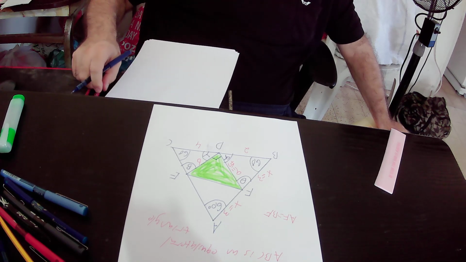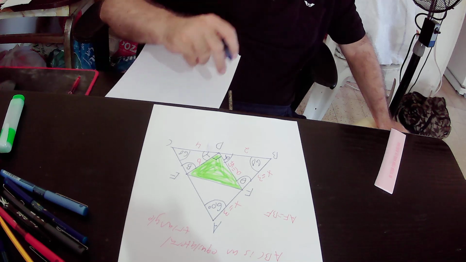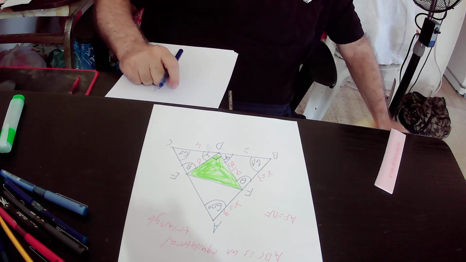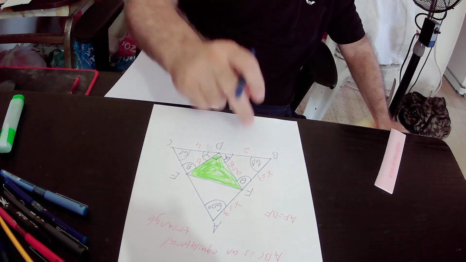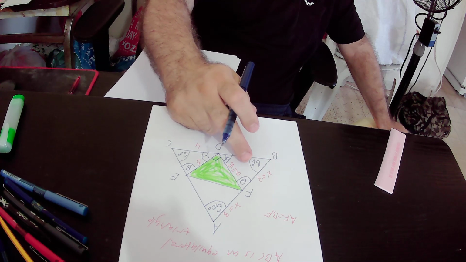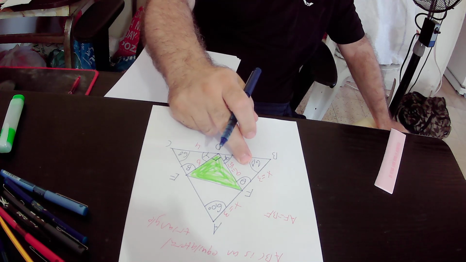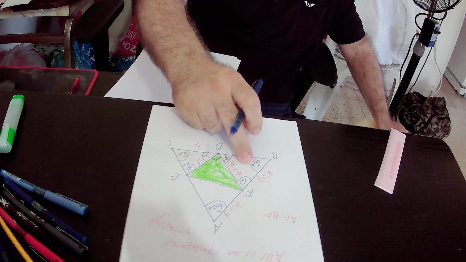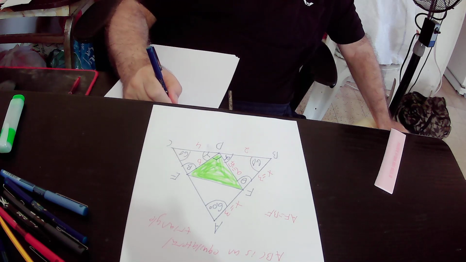As you already know, the sum of the angles in any triangle equals 180 degrees, and especially in triangle BFD, the sum of its angles equals 180 degrees. So we'll create the first equation.